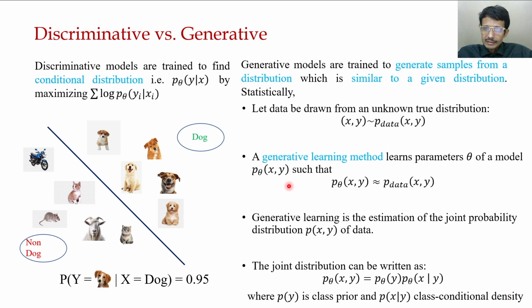So this is the statistical understanding of a generative model. Very simplistically, in generative modeling, we try to estimate this joint probability distribution so that we can generate samples.